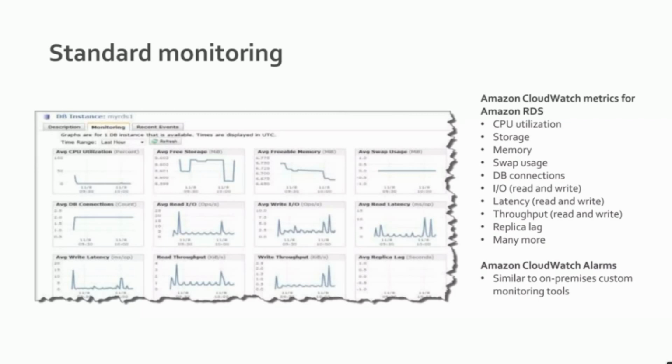These are the standard metrics which we can manage. Also, we have CloudWatch alarms if connections increase or usage in IO metrics increases. Those things will automatically trigger a CloudWatch alarm, and you will get an email notification.